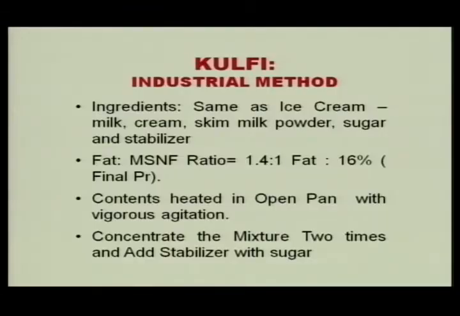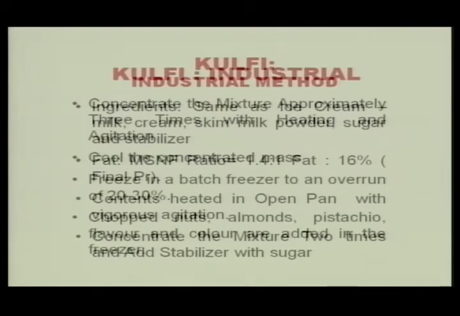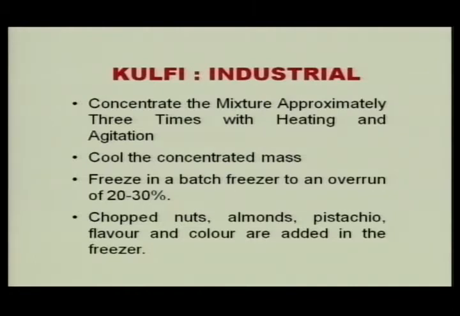Now the content should be heated in an open pan with vigorous agitation and concentrated up to 2 times, and then we add the stabilizer with sugar. Now again you heat it, approximately 3 times, with constant heating and agitation.